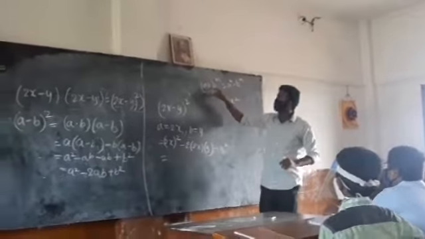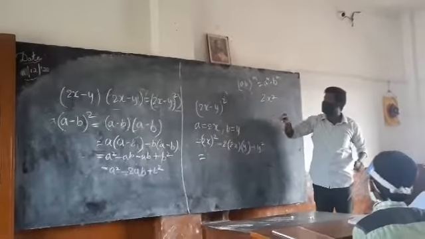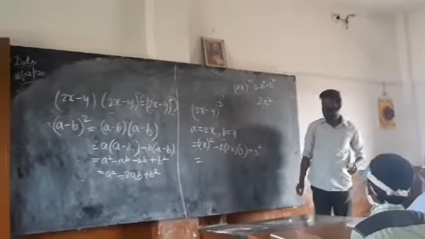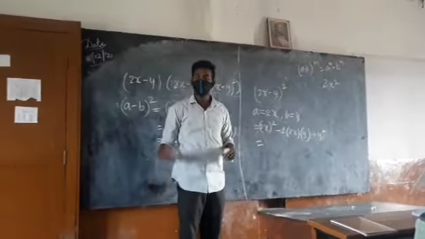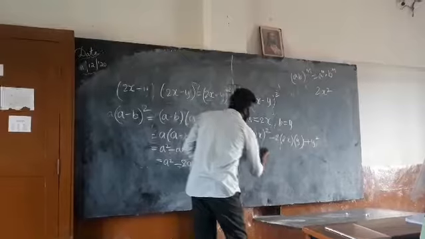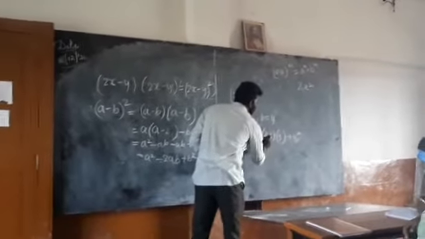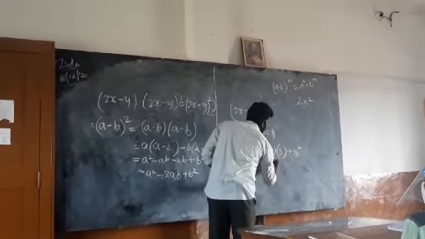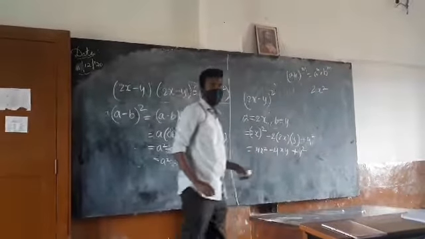If they are in multiplication and the same power is applied on both variables, then each will get that same power. Similar thing we are doing here: 2 square into x square. 2 square means what? 4. 4x square. Minus 2 into 2, minus 4xy. Plus y square.